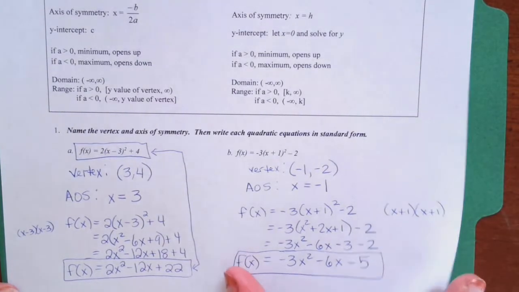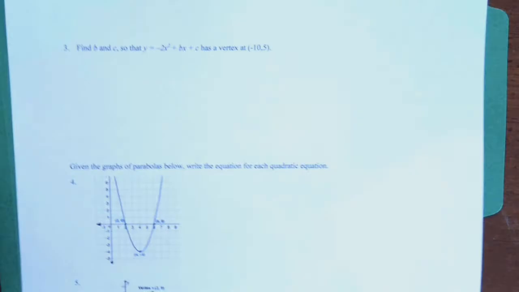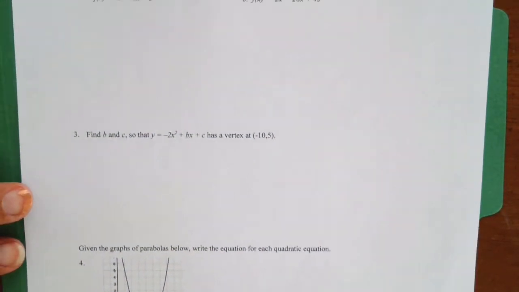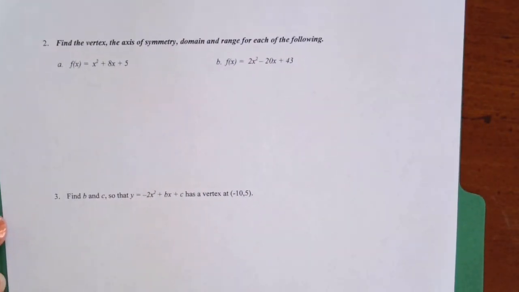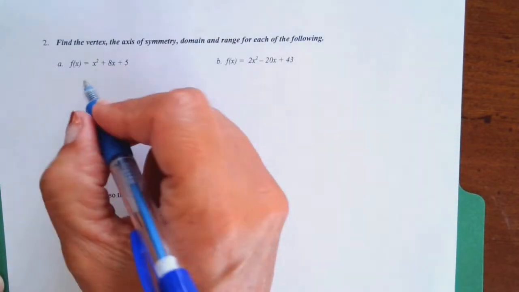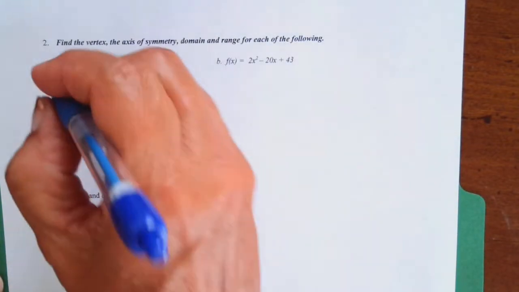Okay. All right, on the next page, we're going to find the vertex and axis of symmetry of a function in standard form. Okay, and then also the domain and the range. All right, so this one's a little harder because the vertex is just not there. This is standard form.